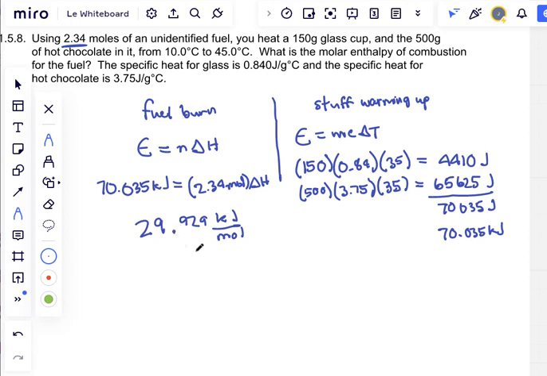Last thing, let's think about significant digits for a second. How many should we have here? 3 in our moles. The masses had 3, delta T had 3, specific heats had 3. Did I use anything that didn't have 3? I know these delta T's look like 2 significant digits, but that's me being lazy about the final digit.